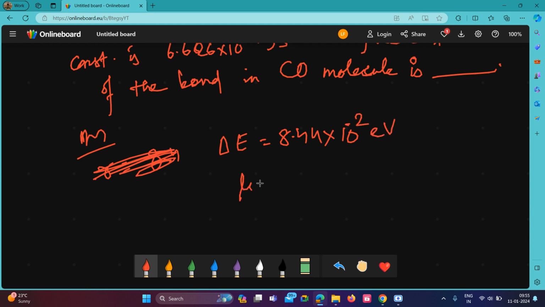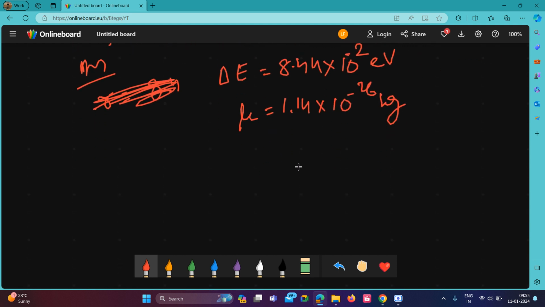The reduced mass mu is equal to 1.14 into 10 to the minus 26 kg. The force constant K is what you are asked.